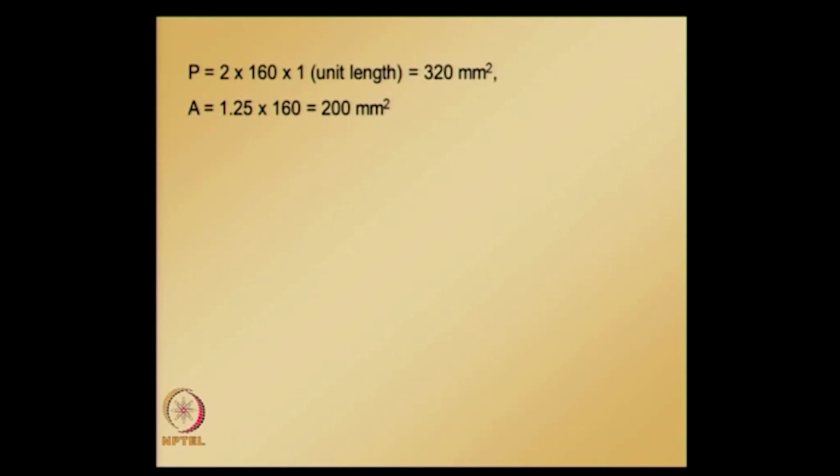Thickness of the rectangular fin is given as 1.25 millimeters, and width is given as 160 millimeters. So, we can find the area of cross section.